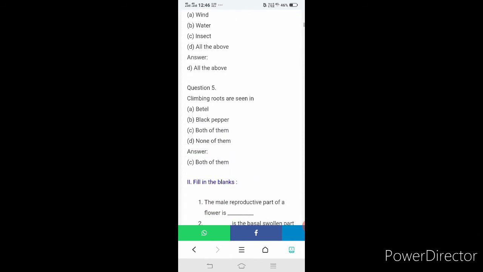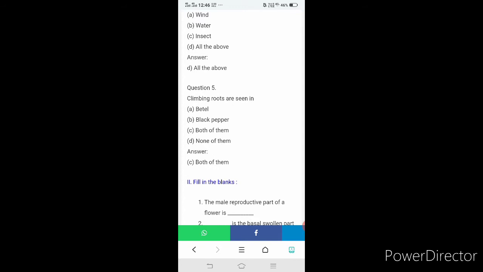Fifth one, climbing roots are seen in. What is meant by climbing roots? If you see some plants, they will not stand erect. They will spread on the surface of the land only. If you give some support, they will climb.